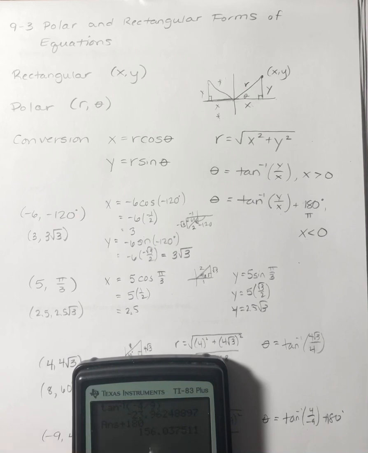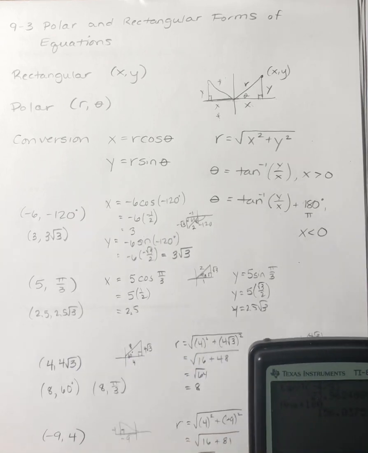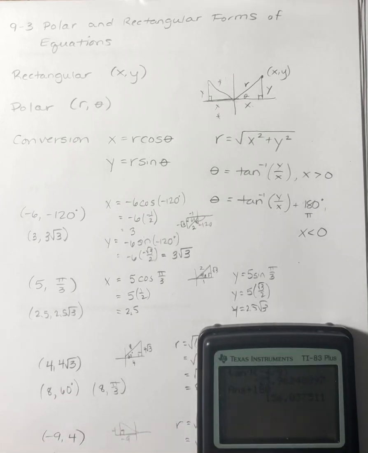There we go, 156 degrees. And I think on most of these, they're having you round to the nearest hundredth, okay? So for this one, my r value is exactly square root of 97. If you needed to check your answer, obviously you can go in the back of the book. And then this one, you've got 156.04 degrees.